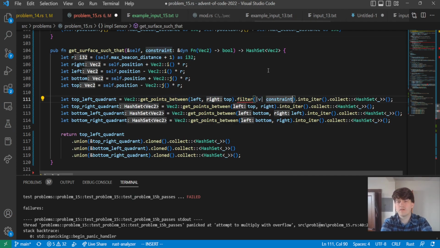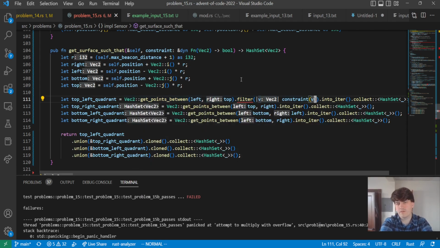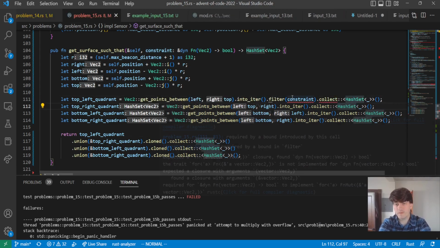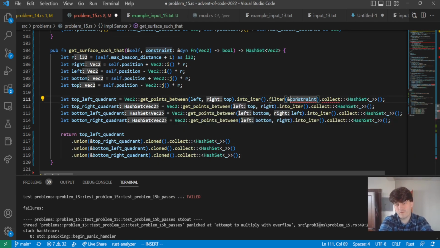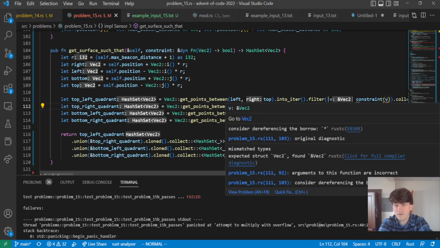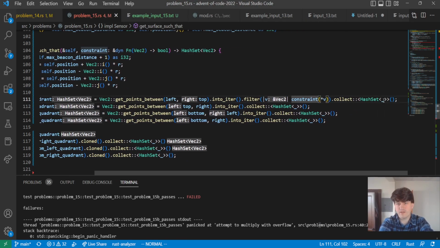So what if I say constraint B? Vec2 isn't an iterator. Oh, I'm just putting this in the wrong place. Okay. And if I do this, so V constraints V. Okay. And what's going on here? Dereference to borrow. Okay. Any reason not to just iter?